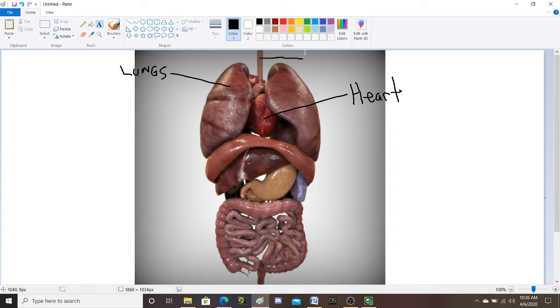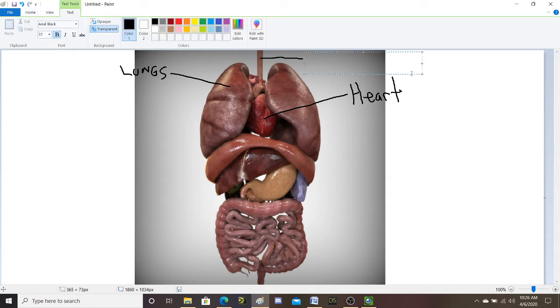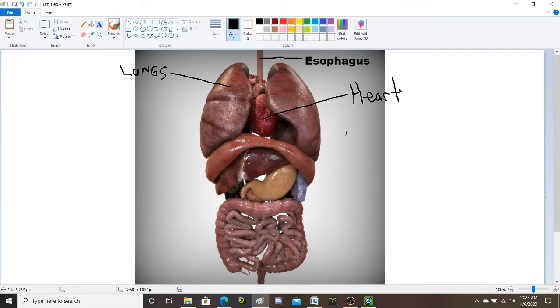And you can easily tell it from the trachea because remember in the last video, I told you that the trachea has these rings around them. Well, your esophagus doesn't. It's a muscular food tube. So it's a smooth tube and it lies under the trachea. So the trachea sits on top of the esophagus.